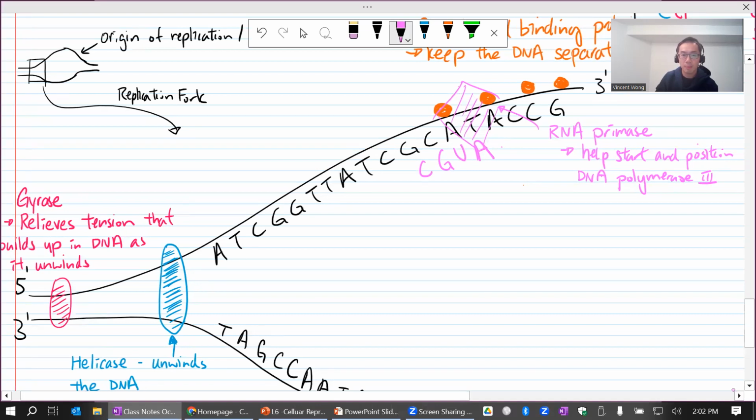Okay. By doing a few examples. Okay, for the polymerase 3. So this thing here, with a few nucleotides, that is called an RNA primer. Okay.